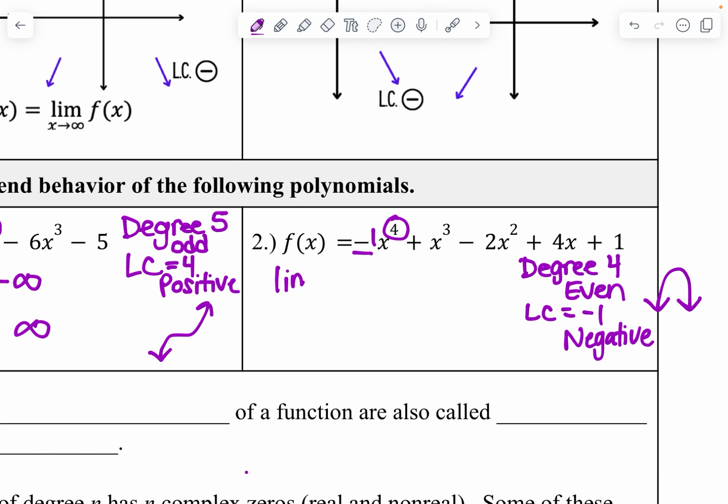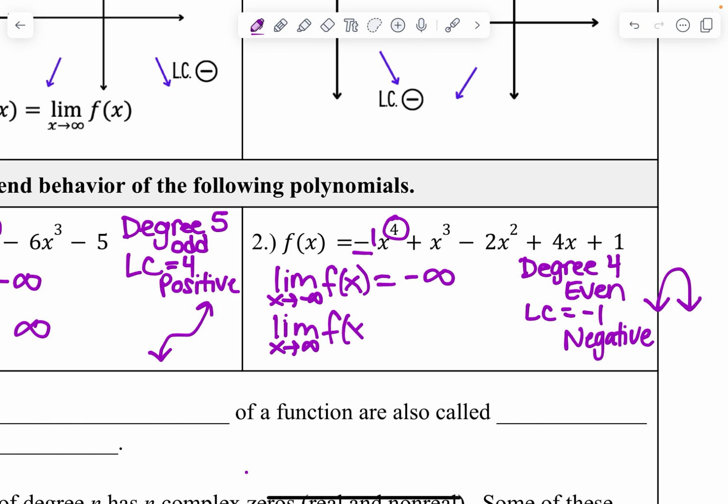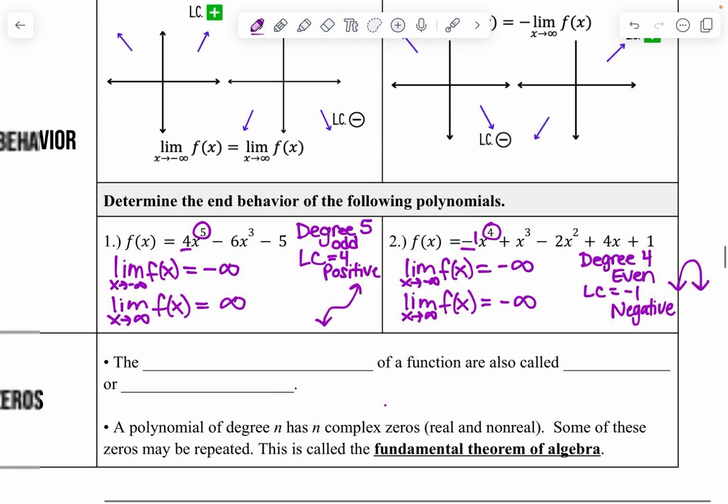So both the left and right side of this graph would be headed down to negative infinity. So the limit as x goes to negative infinity, meaning the left side of the graph is headed down. The limit as x goes to positive infinity of our function is also negative infinity because the right side of the graph is also going down. So remember, there's always two limiting statements because we need to describe the left side of the graph and we need to describe the right side of the graph.